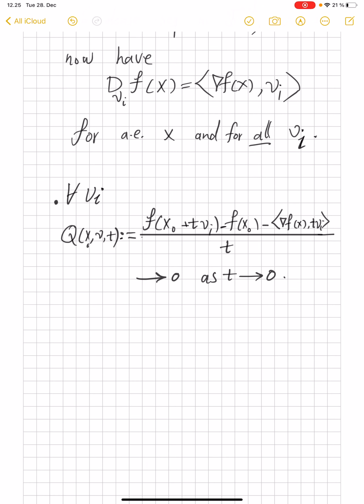But again, the Lipschitz assumption is strong enough that this will actually lead to proving the following. So let's write this for an arbitrary x and v.